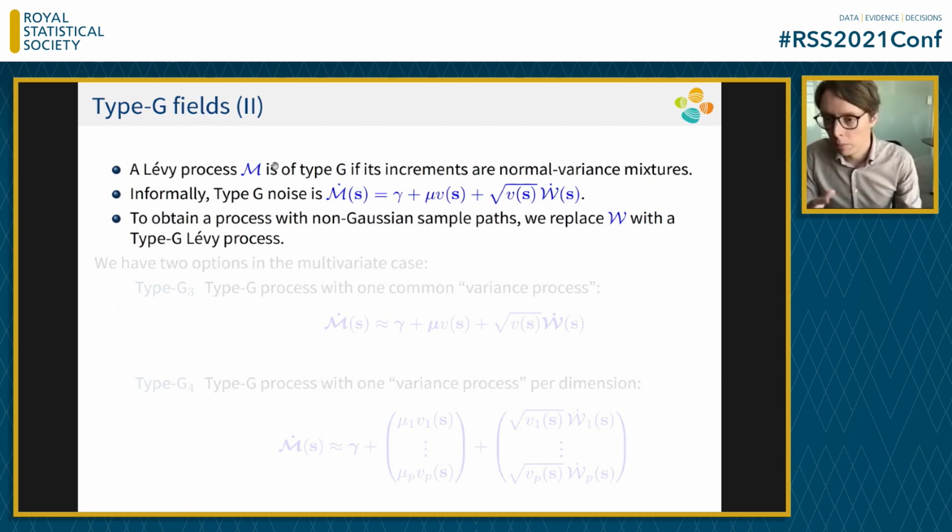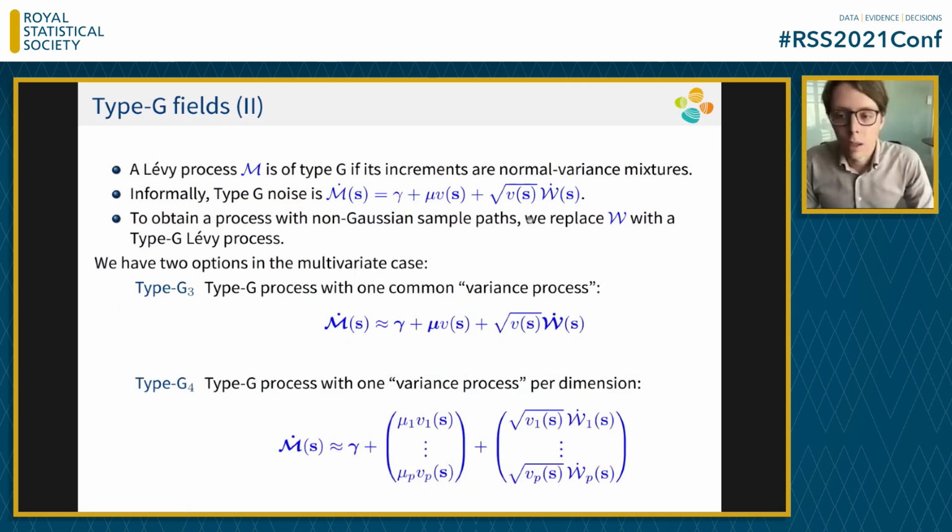And you can also make that formal in more than one dimension. Informally, you can then think of type G noise as taking the derivative of this process. You get type G noise, which you can think of as Gaussian noise scaled by some kind of variance process. And this will then give us the non-Gaussian behavior.